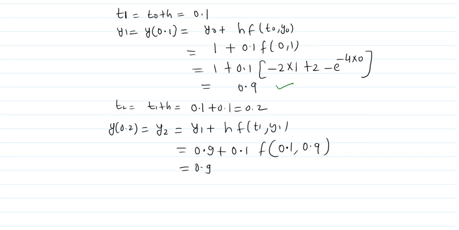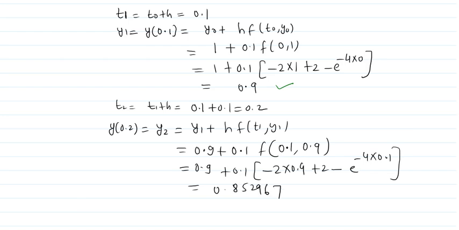So in the formula of f, replace y with 0.9 and t with 0.1, and simplify with a calculator. This is approximately 0.852967. Okay, so this is the solution at the next point. Similarly, you can find the solution at other points.